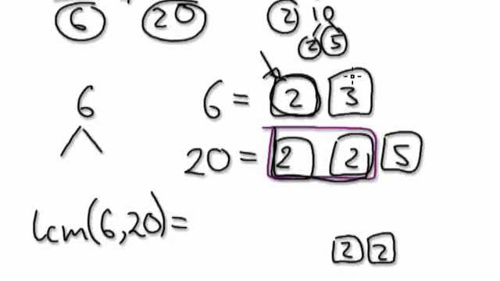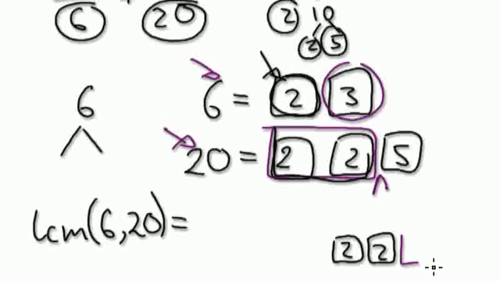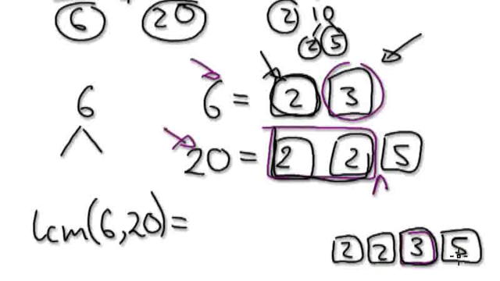Okay, and let's look at a 3. Even though I don't need a 3 in order to build 20, I do need a 3 in order to build the 6. So in my toolkit, I need a 3. Now look at a 5. I don't need a 5 in order to build a 6, but I do need a 5 in order to build a 20. So in my toolkit, I do need a 5.